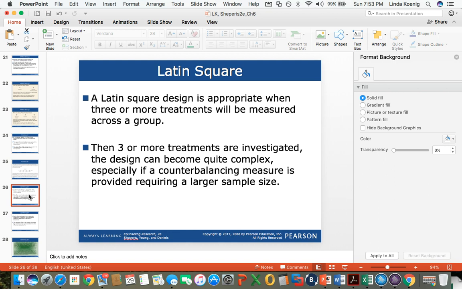All right, so a Latin square is an appropriate design to use if we have three or more treatments. It can be very complex. The more groups that we have to divide people into, the bigger the sample that we need.